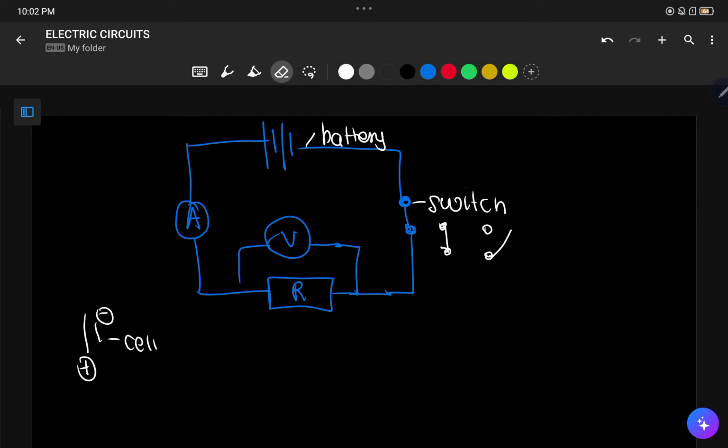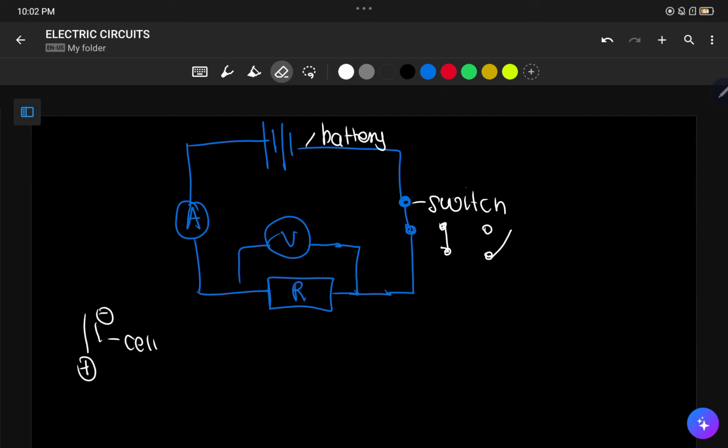The most crucial aspect of a battery is that it has potential energy that can be converted to electrical energy for the electric charges to flow around the circuit. That is why a battery is a very crucial aspect of an electric circuit.